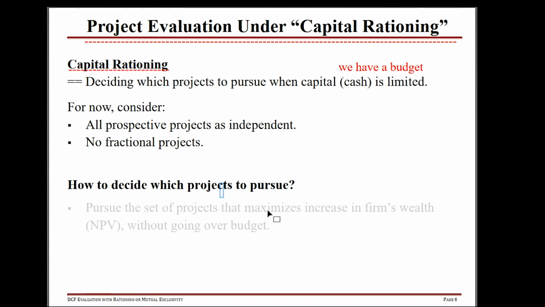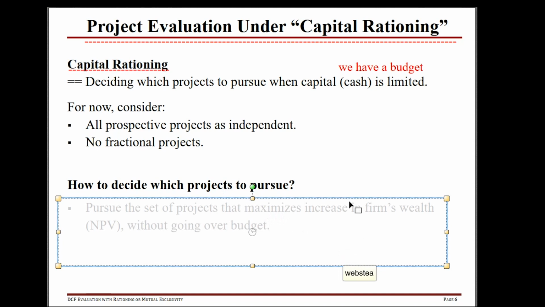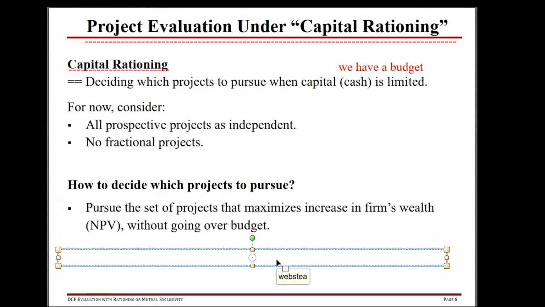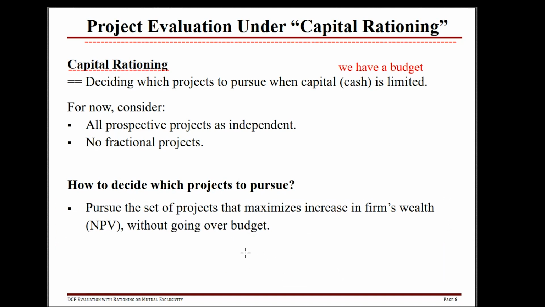Okay. And how do we decide which projects to pursue? You know the answer by now. It's going to be by using the NPV method. We're going to pursue the set of projects that maximizes the increase in the firm's wealth, which is, of course, maximizes our total NPV without going over budget. And it's really that simple.